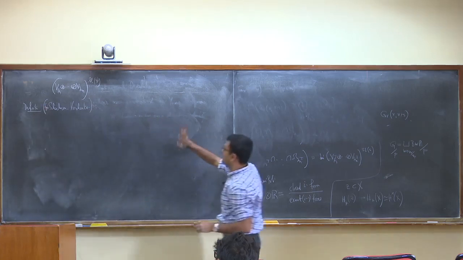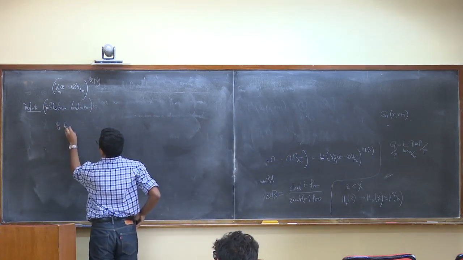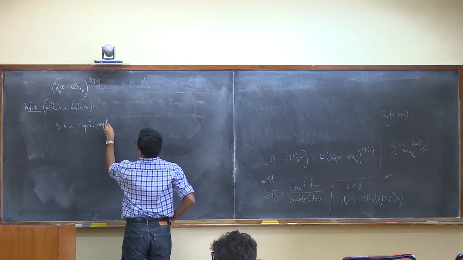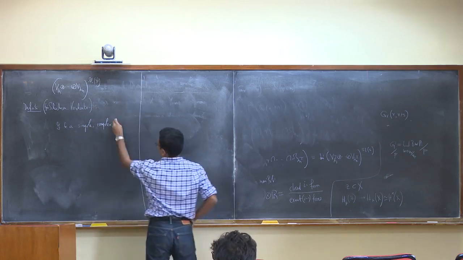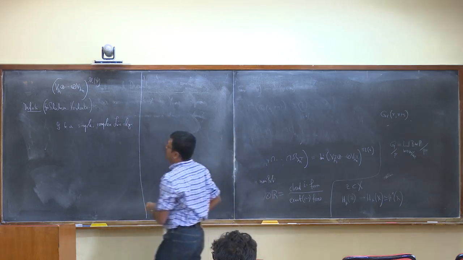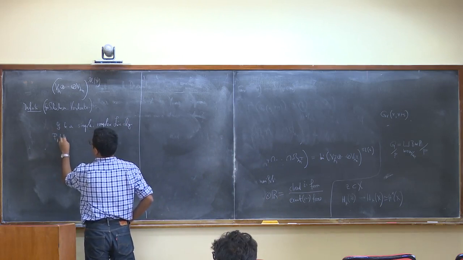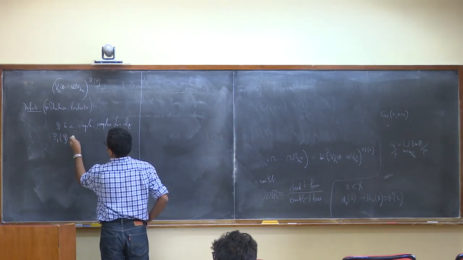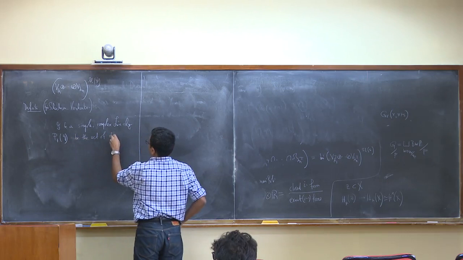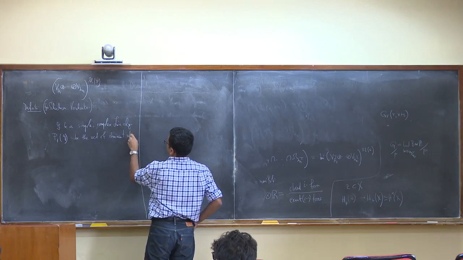Now I'm going to go to the general Lie algebra setup. Let g be a simple complex Lie algebra, and let P plus be the set of dominant integral weights.